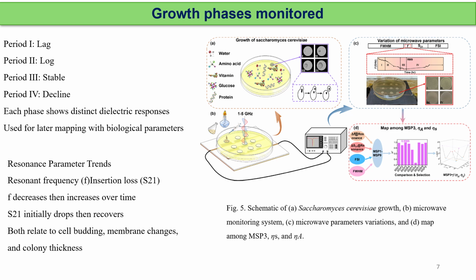Looking at the resonance parameters, we see that resonance frequency decreases initially and then increases as the colony matures. The insertion loss S21 follows a similar pattern, first dropping and then recovering. These changes are associated with budding, membrane variation, and colony thickness.